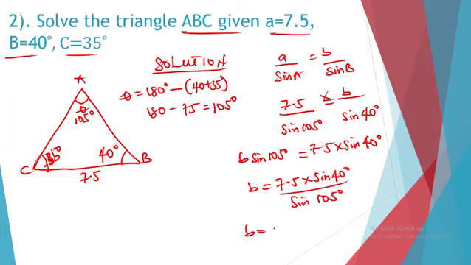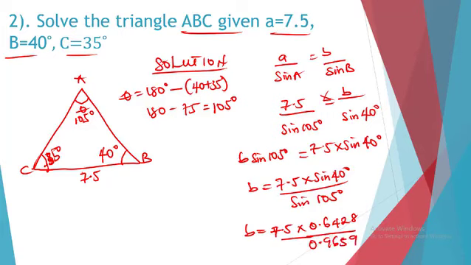B is equal to 7.5 times, what's the value of sine 40? Sine 40 will give us 0.6428 all over sine 105, which is 0.9659.